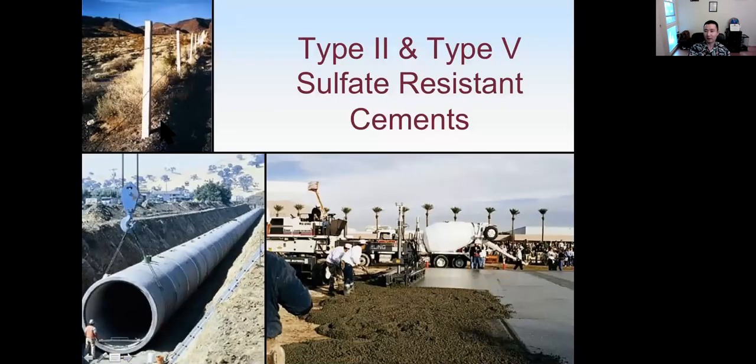Type 2 cement is called moderate sulfate resistant cement, and Type 5 is sulfate resistant cement. Okay, sulfate is coming from the environment, most likely from the soil or groundwater. So when the concrete, such as this underground pipe, is in soil that has a lot of sulfate, we may consider using Type 2 or Type 5 cement.